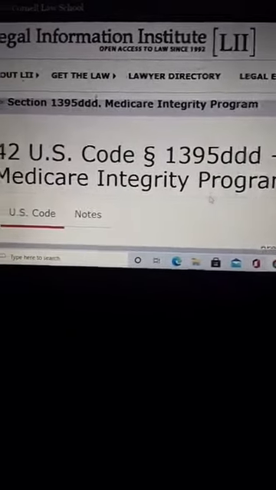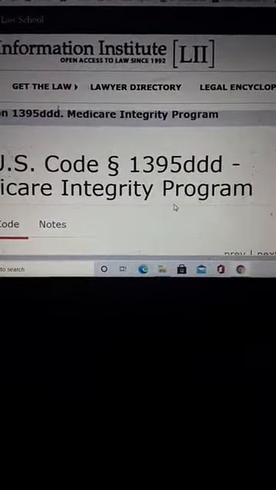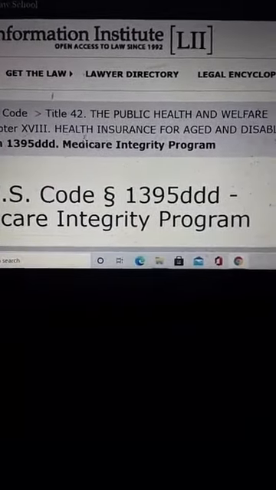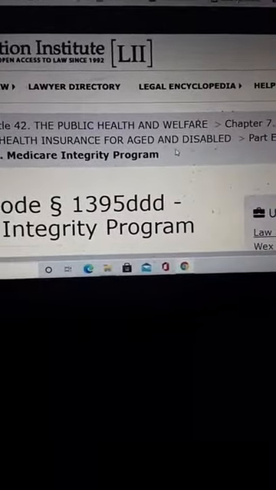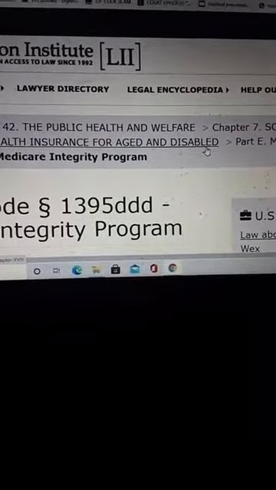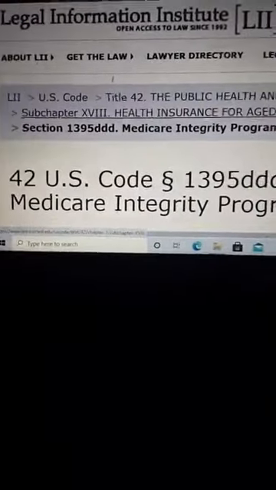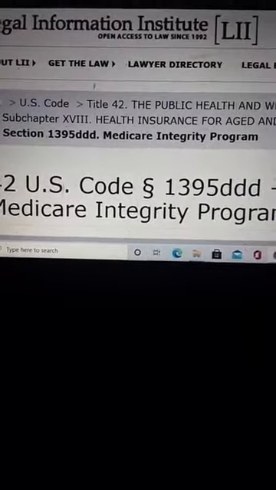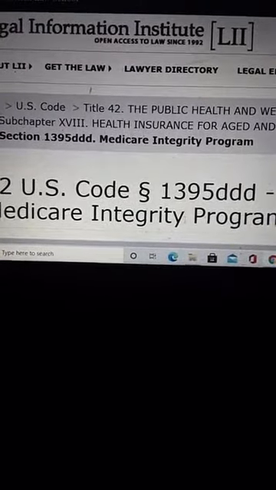Medicare Integrity Program. And this is for health insurance for aged and disabled. And you would think that this would be covering their integrity.